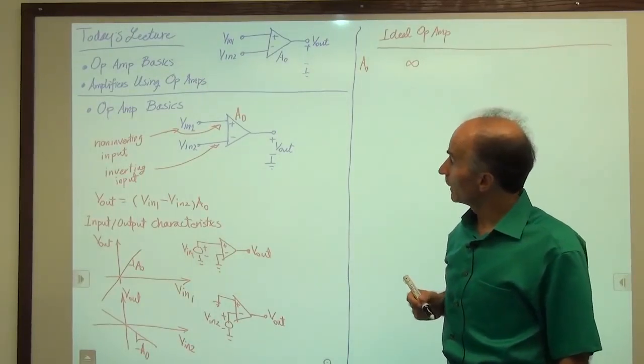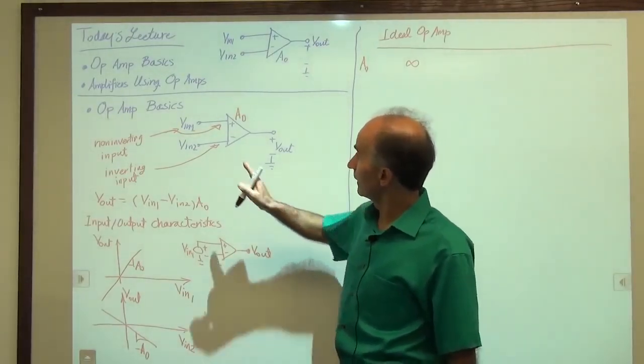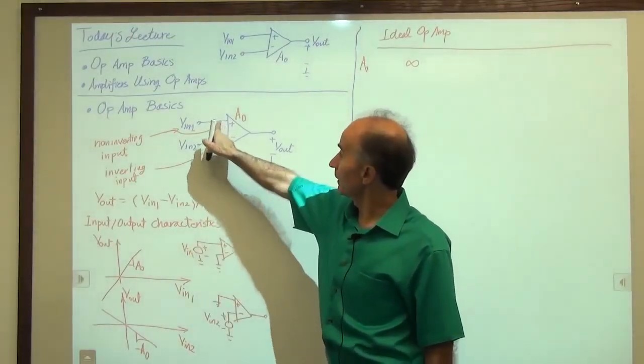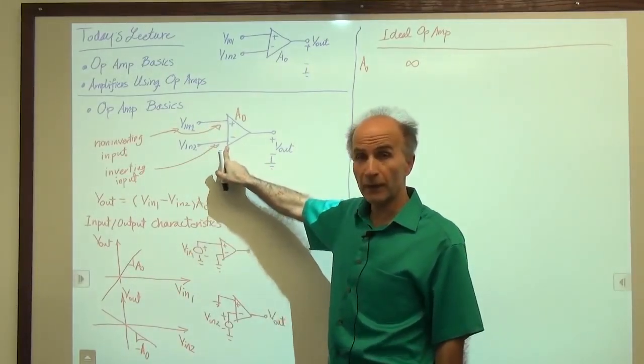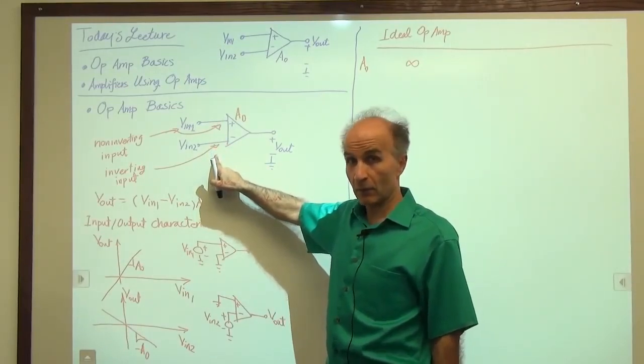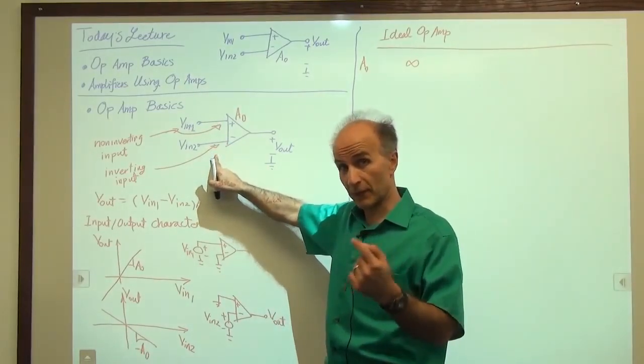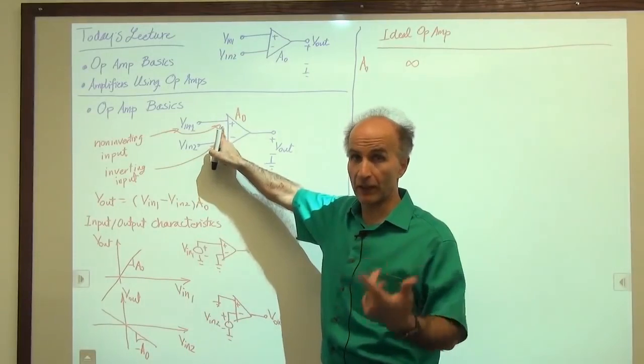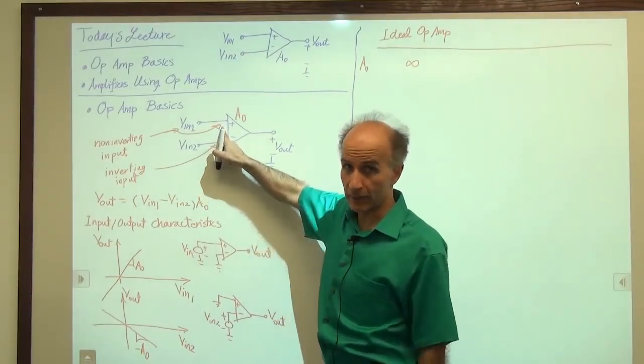Well, we could also say that the input impedance of the op-amp, meaning going here, should be infinity, meaning that these terminals draw no current. For example, they could be gates of MOSFETs, right? If you have a gate of a MOSFET, here we have a very high input impedance, at least at low frequencies.